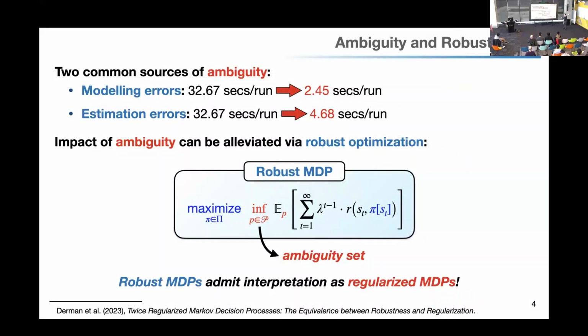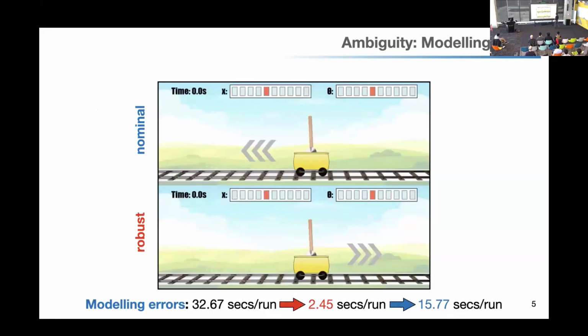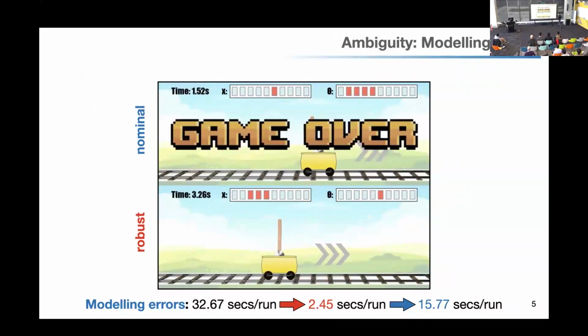And now, let me show you the same two examples again. Recall the first example was the issue of modeling errors, where now we discretize not into 15 to the power 4 states, but 10 to the power 4 states. And let me show you the optimal nominal policy and the optimal robust policy on the same problem instances. So the problem data is the same. And as you can see, the nominal policy performs very poorly.